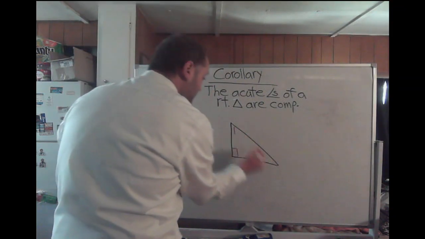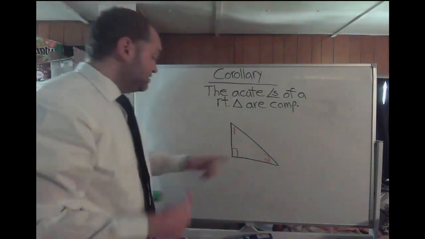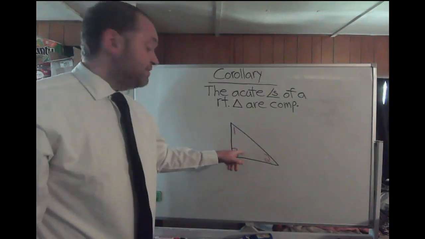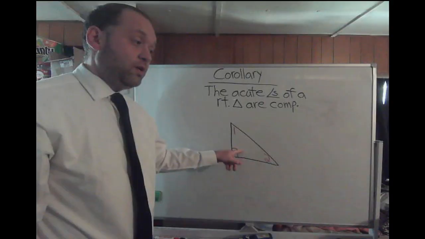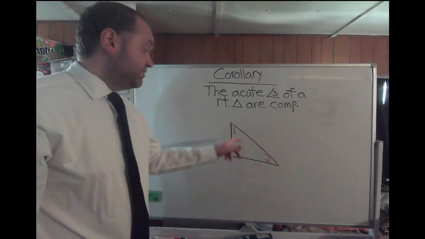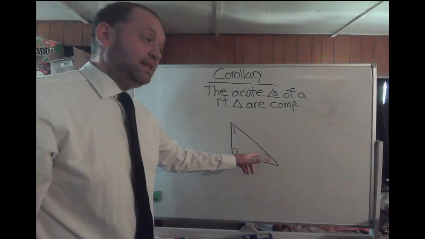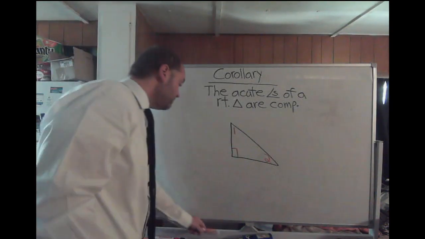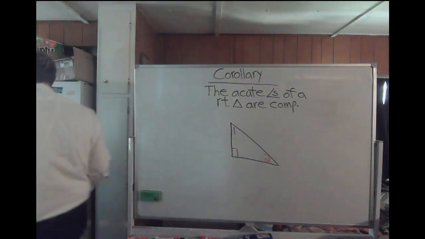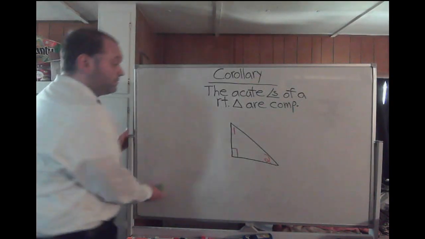I'll have angle 1, I'll have angle 2. Well, this makes sense because you have a right triangle, you already have a 90-degree angle right there, which means you only have 90 degrees left to work with for the other two angles. So that actually makes sense then. The measure of angle 1 plus the measure of angle 2 would have to equal 90.